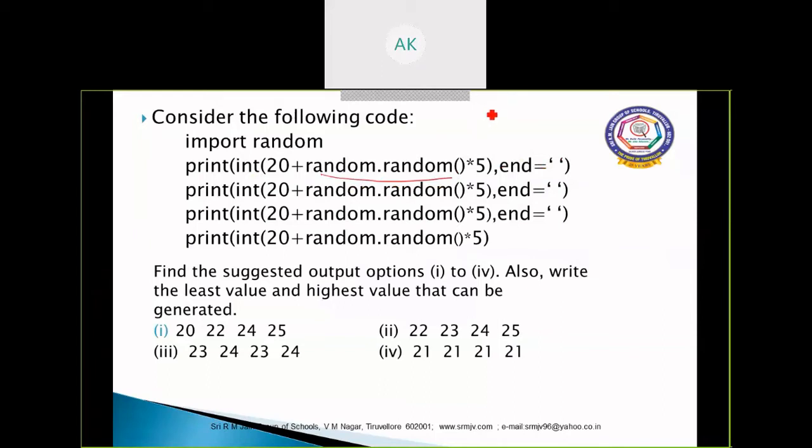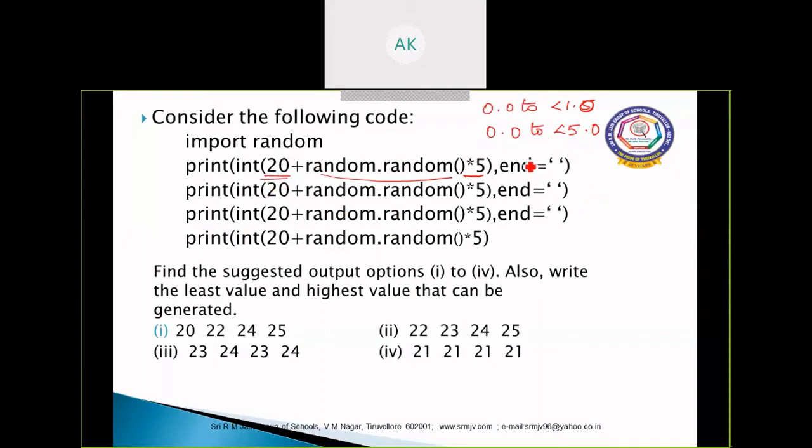This function generates values from 0.0 to less than 1.0, and as we are multiplying with 5, the values are 0.0 to less than 5.0. Now we are adding the value 20 to the generated value.